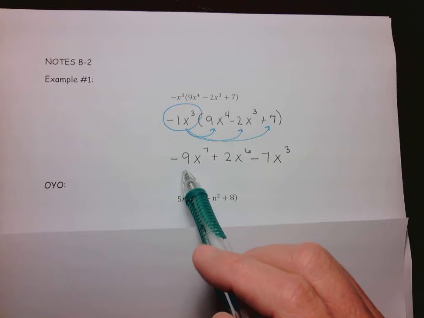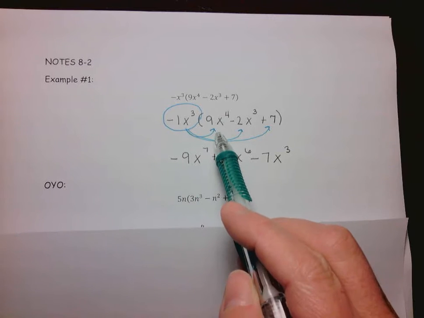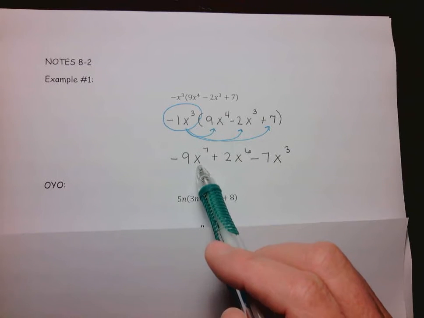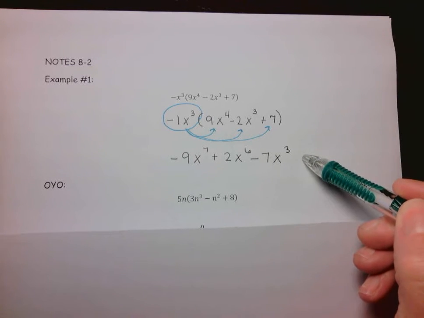Then you multiply the variables together. X to the third times x to the fourth is x to the seventh. Because remember what you do when you are multiplying powers that have the same base. You add the exponents. So that's what I did, and that's how I got this final answer.